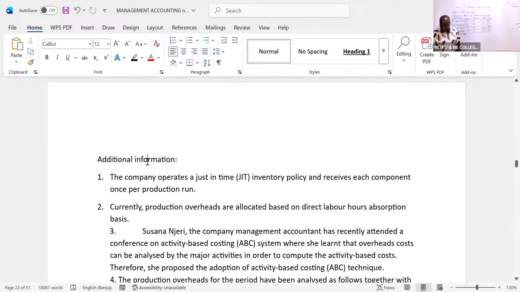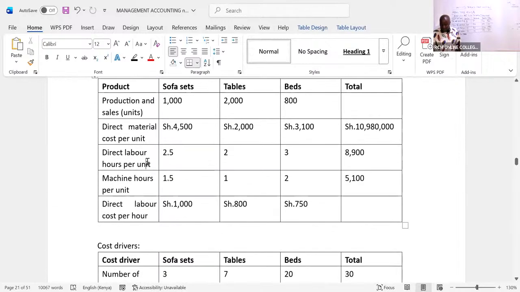So machine hours, ladies and gentlemen, if I go page up, I'll be able to see some table which is giving me their machine hours per unit. Whenever you hear that word per unit, you have to be very, very careful on ABC. Otherwise, you'll get an entire zero. Because for ABC, we want the machine hours for all the units that were produced.